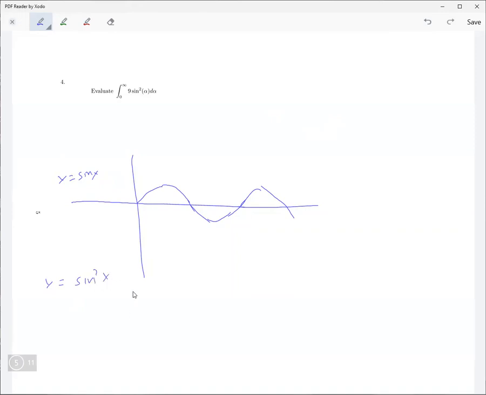Sine squared x then is going to be, well, it's still going to go up to 1, but it's probably going to be not as steep, probably more steep. I don't know. I actually don't know. It's going to go up to 1 though. And then it comes down here, but then this bottom part is going to go up again.